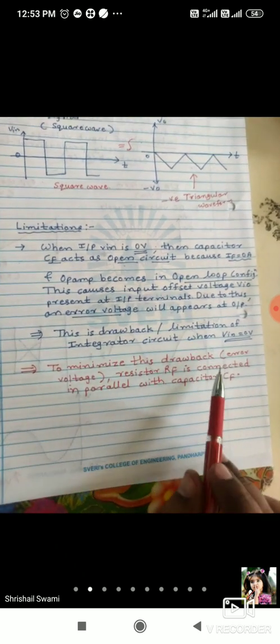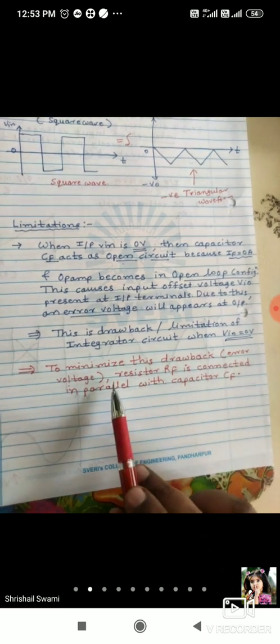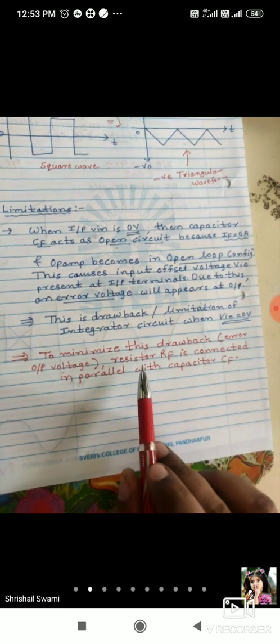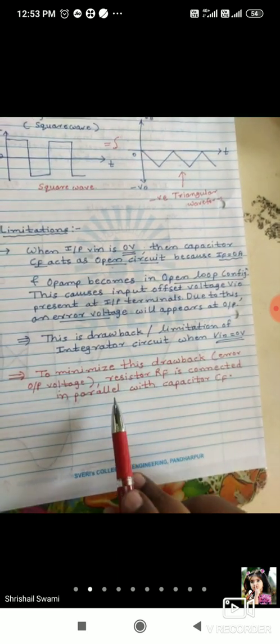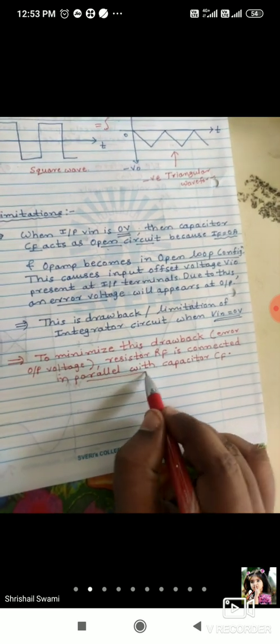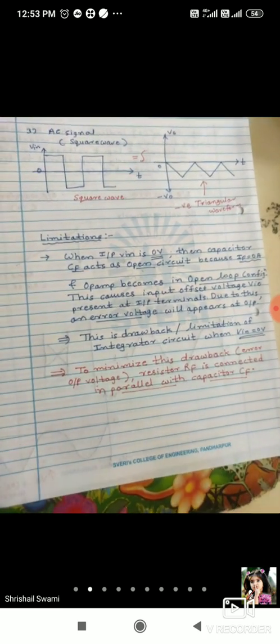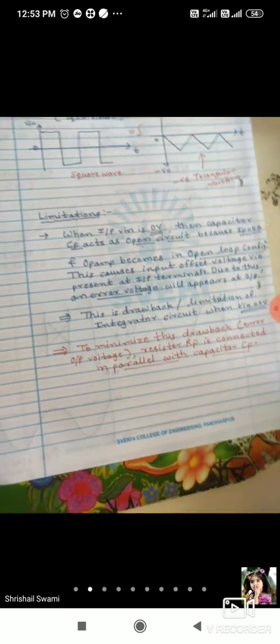So to minimize this drawback, that is to minimize the error output voltage म्हणतो, the resistor RF, that is a feedback resistor RF, we have to connect in parallel with capacitor CF. So this modification we have to do in the circuit so that it will form the new integrator circuit. So we can draw now the integrator circuit here with the modification.